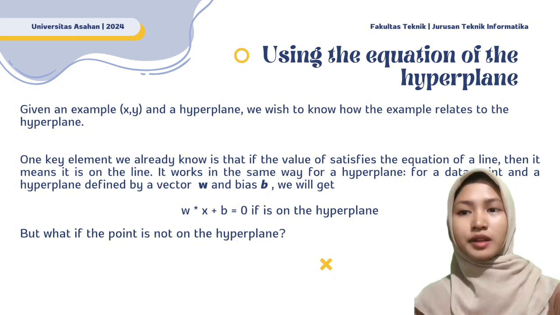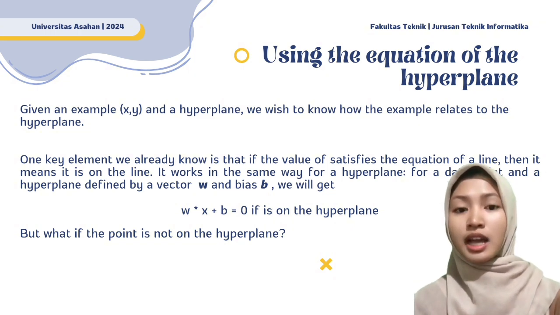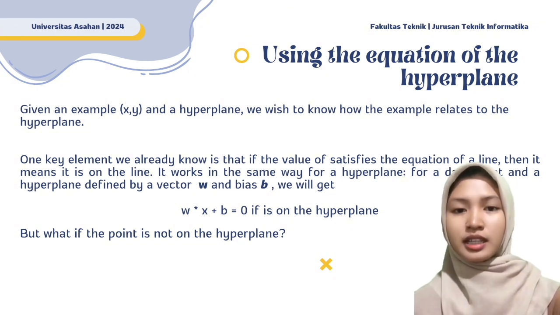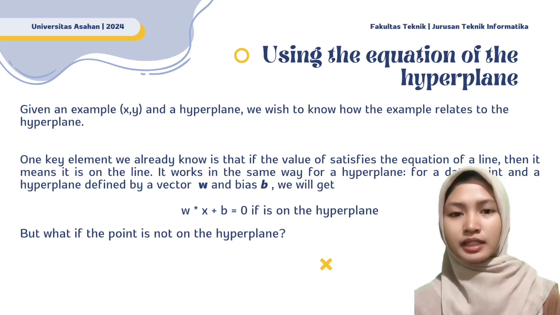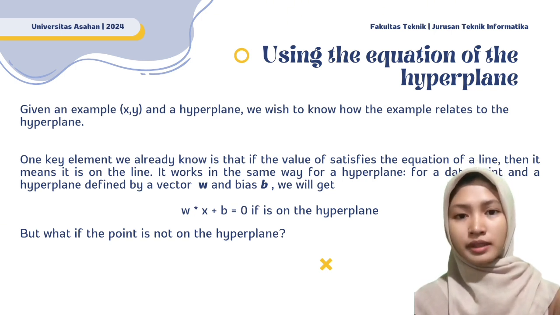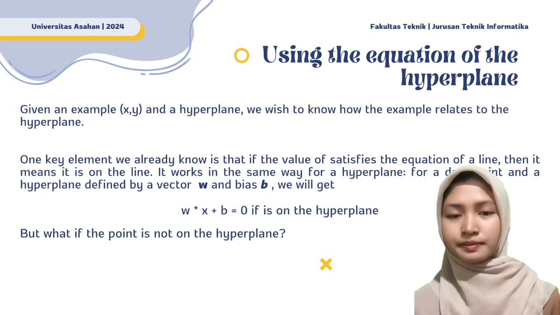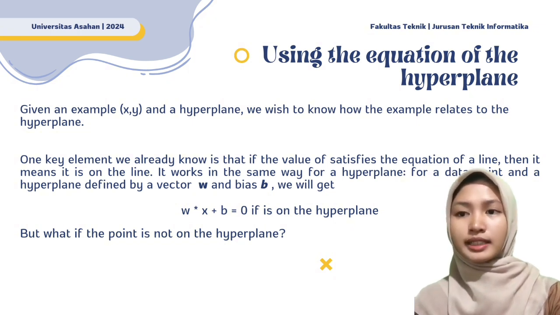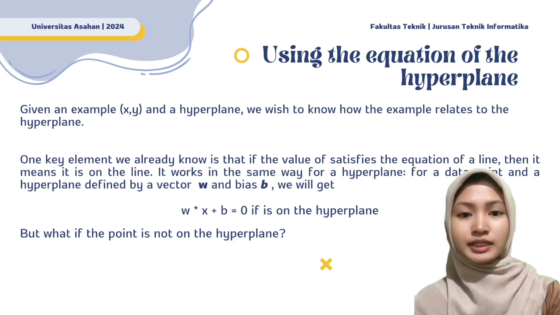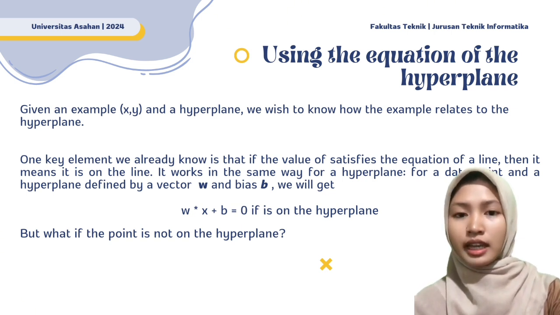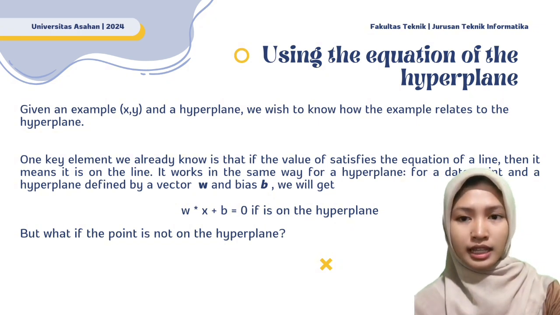Then, to compare two hyperplanes, we can use the hyperplane equation. Given an example x, y, and a hyperplane, we wish to know how the example relates to the hyperplane. One key element we already know is that if the value satisfies the equation of a line, then it means it is on the line.